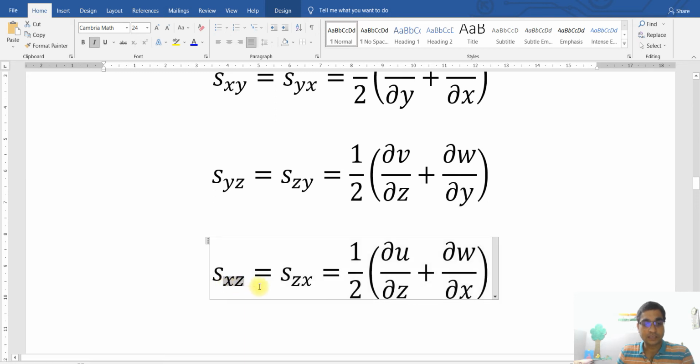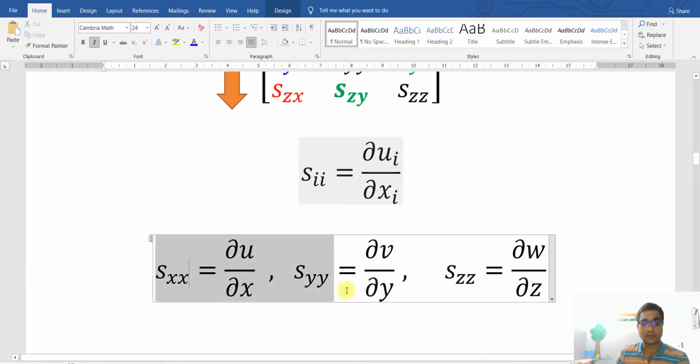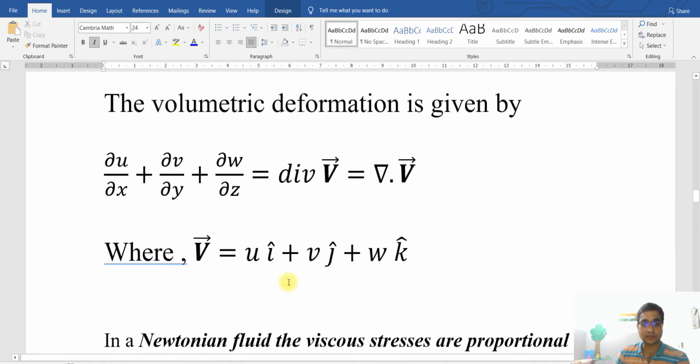Similarly for the xz component, half of ∂u/∂z plus ∂w/∂x. So these are the definitions for the shear strain and linear strain. Okay, linear strain and shear strain.